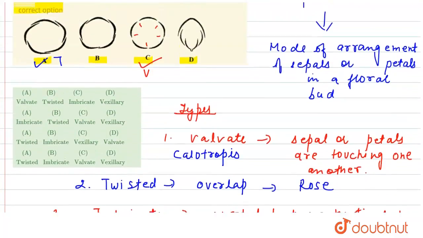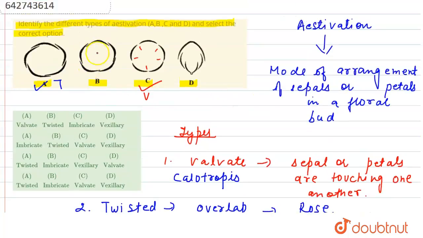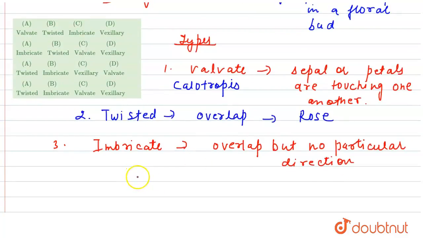In the figure, this B has the overlapping and it is very unparticular. So B here is the imbricate, and the example of the imbricate is the cassia.